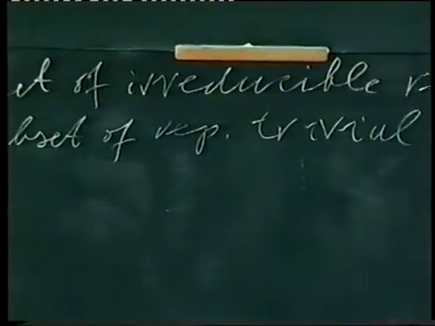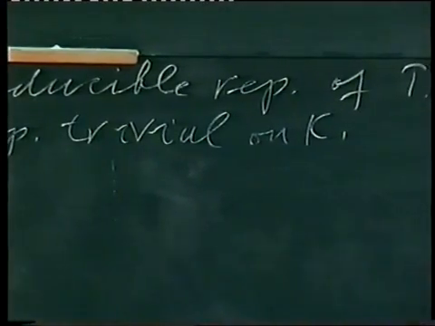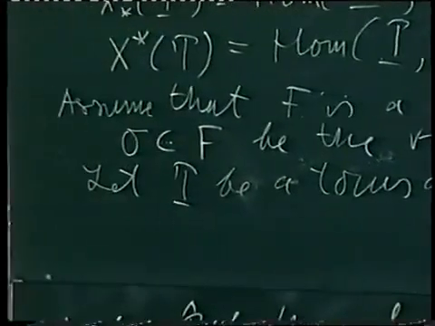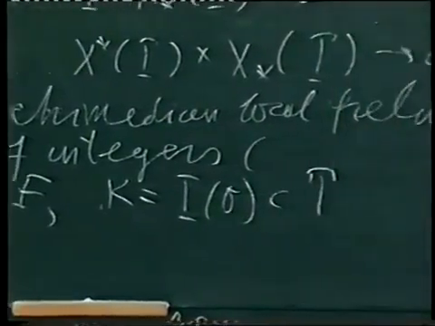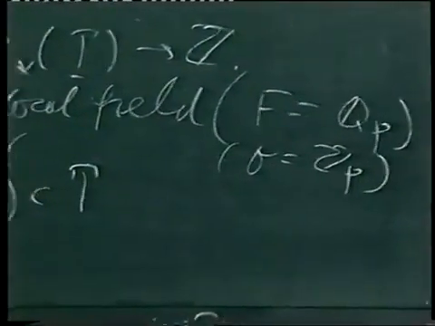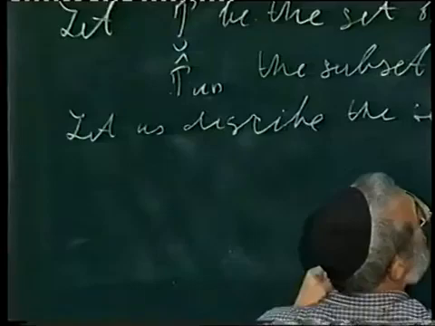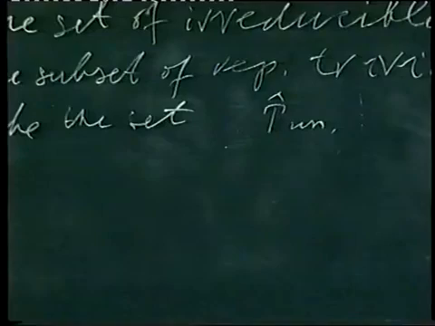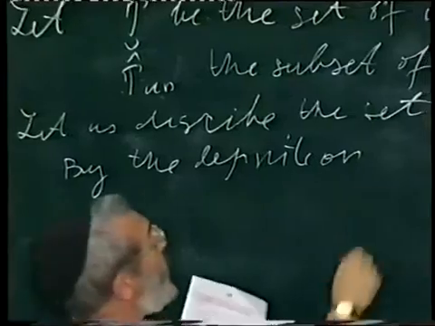Now let's describe what I said. Unramified is by definition: a representation or character of T is unramified if and only if it is trivial on K. This is the definition. So let's describe this set, T hat unramified. Since the group is commutative, a representation is the same as a character.